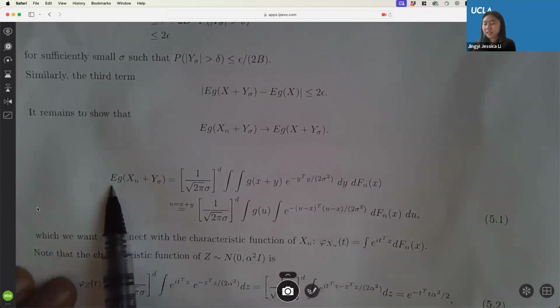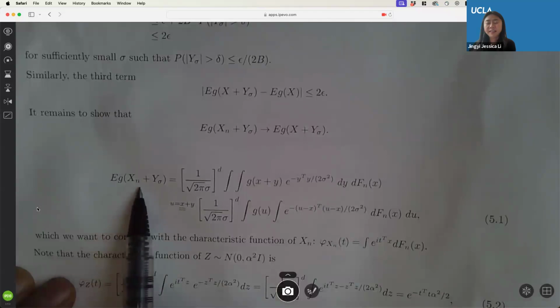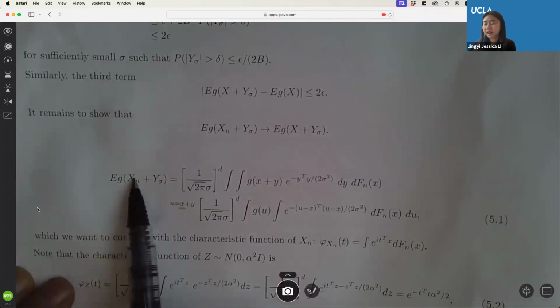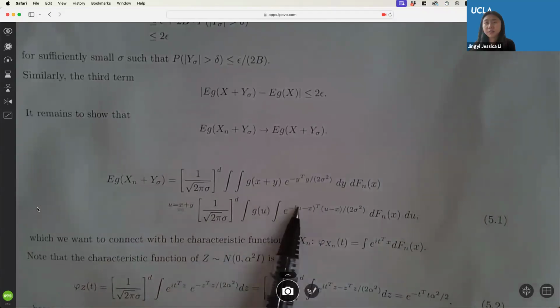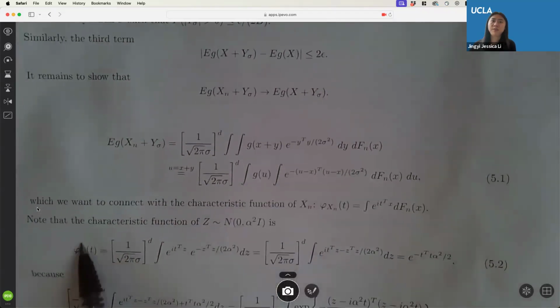So this expectation of g applied now to Xn plus Y sigma, not Xn alone, can be written in this form, and we can introduce the characteristic function form.